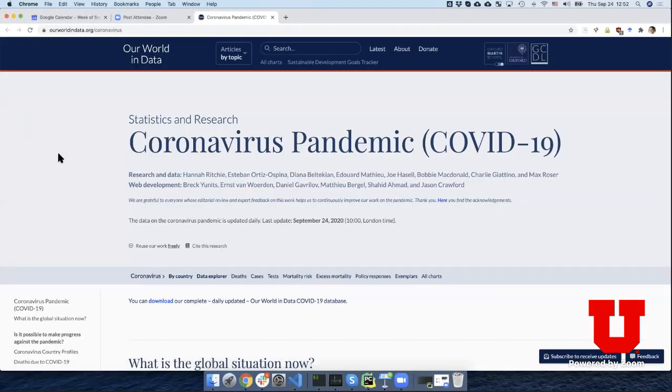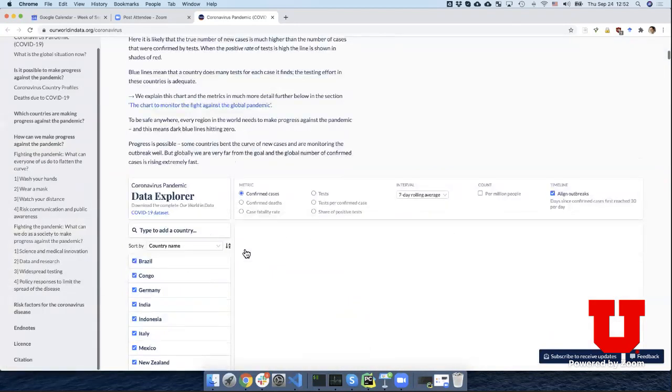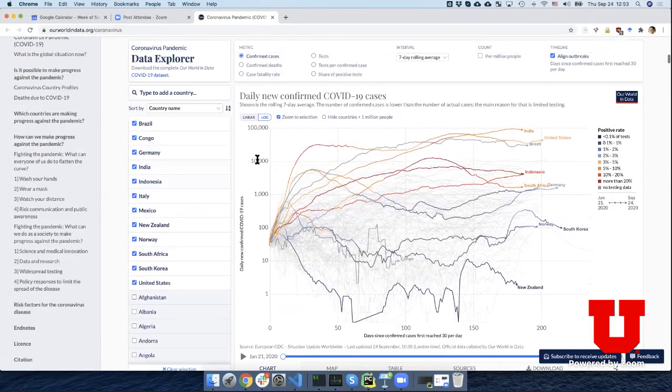This is Our World in Data, which does visual communication of data out of Oxford University. And I really like this tool here. So we can basically answer all of these different questions by dynamically changing things here.